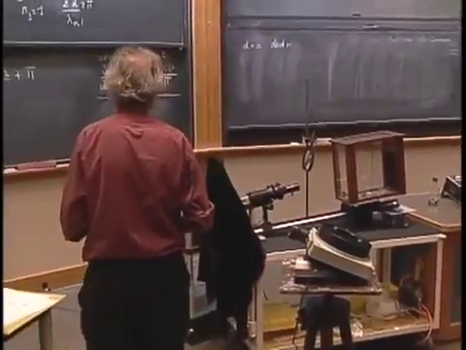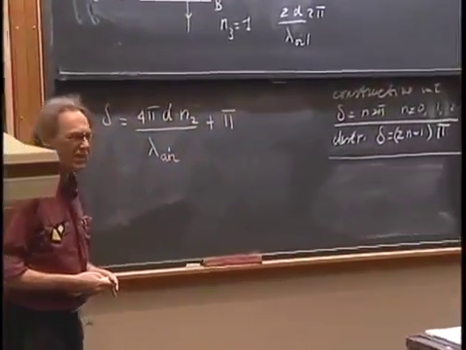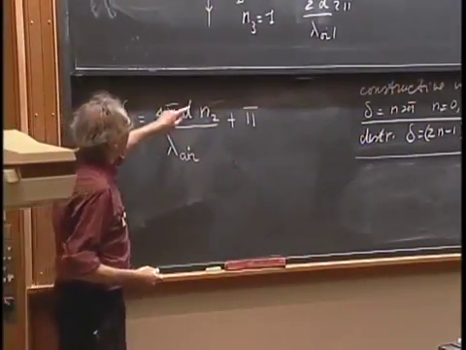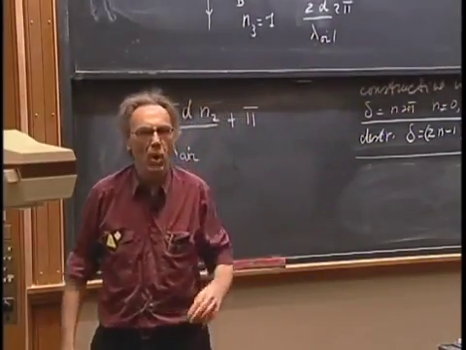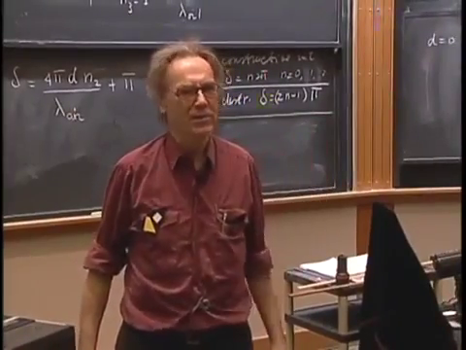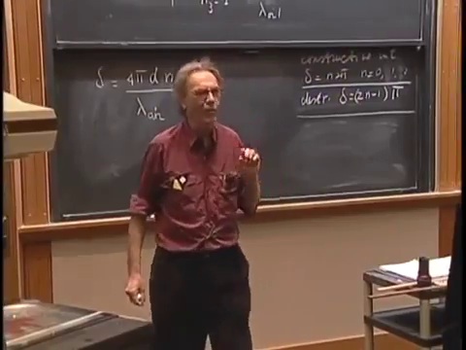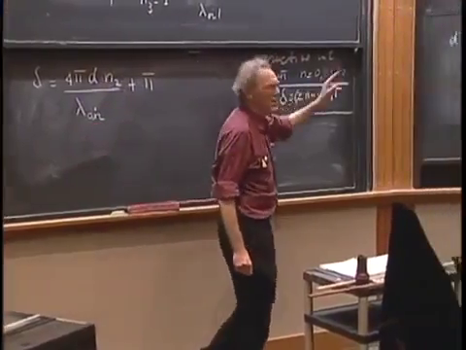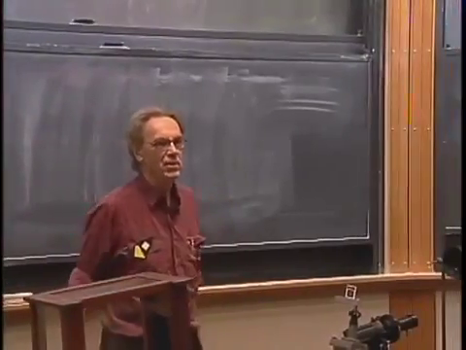I cannot make an oil film of zero thickness, but that's not necessary. All that is necessary is that this d over lambda oil becomes exceedingly small, for instance, 1/100th. So if I make d 1/100th of the wavelength of light in oil, then I'm close enough, and you will indeed see then, I will do this with soap, that in reflection, you will see no light.